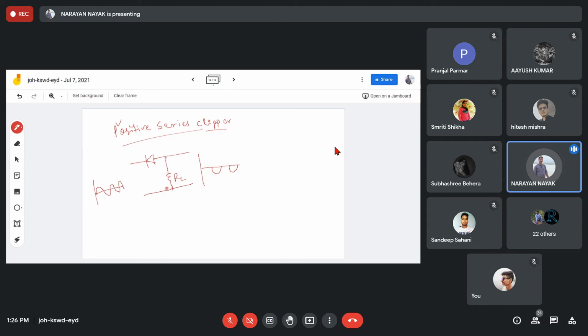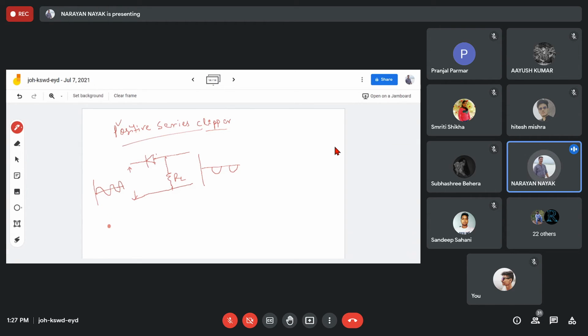Now you may have doubts about how the positive half cycle is removed. You just understood why it is a series clipper, because the diode is connected in series. And why it is a positive clipper, meaning how the positive half cycle will be removed.